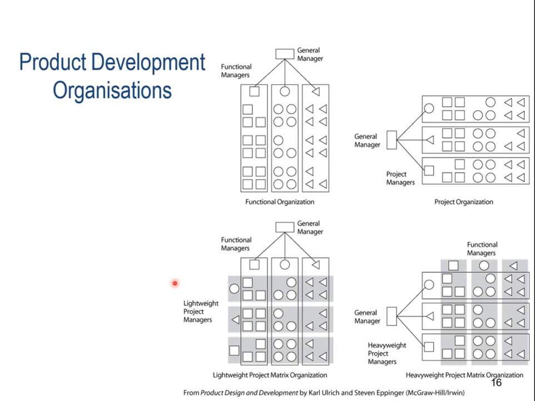Now, the other way we can do it is by working as a lightweight project matrix organization. Instead of having the teams divided into multiple sections, they can still work as a functional organization, but they're going to have close links between the different types. That's what we call the lightweight project matrix organization.